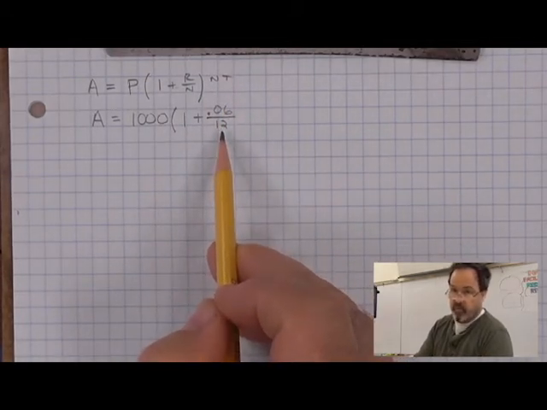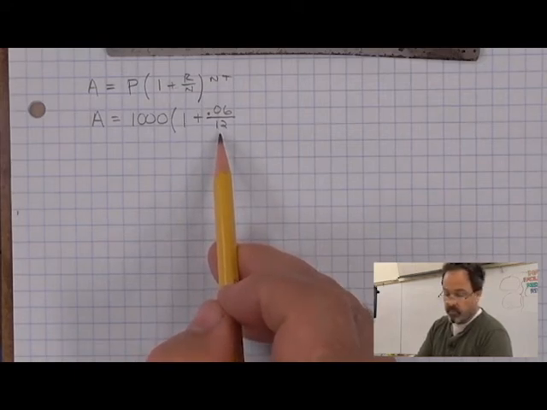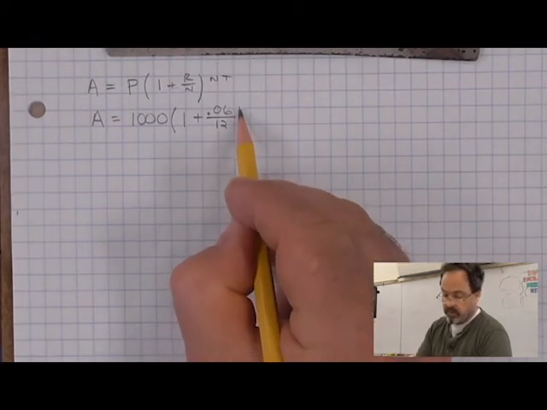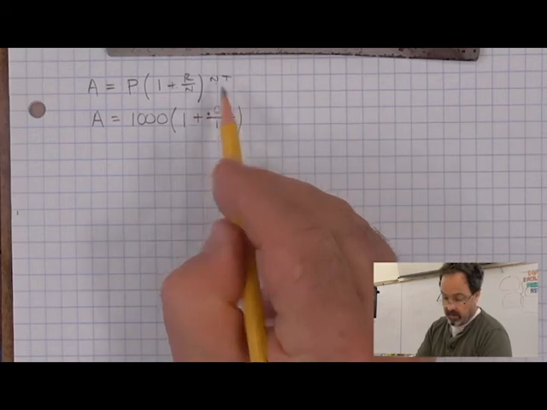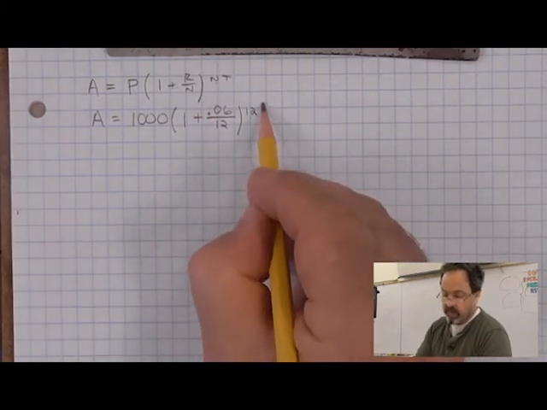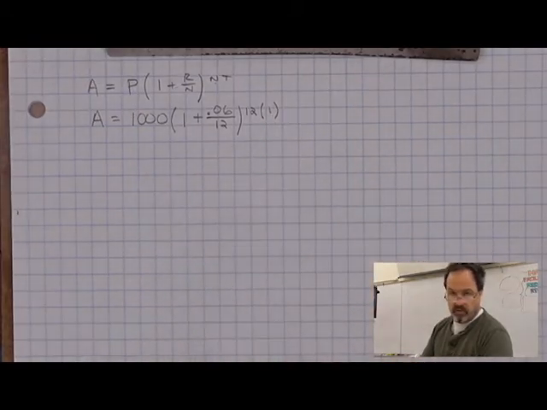That's like compounding once a month, something that used to be fairly standard decades ago when you gave money to a bank. And then we'll raise this to N, again, is 12, and T, let's invent, for simplicity's sake, the value of T is 1, standing for 1 year.